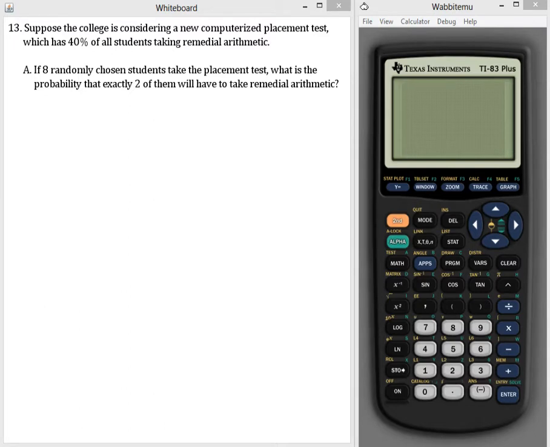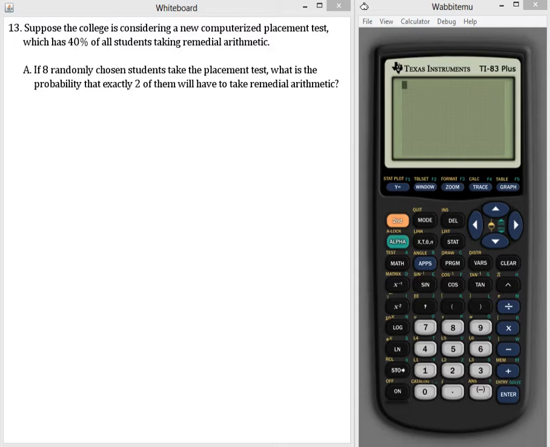Now, for any binomial distribution, there is a binomial table that lists the probability of every single one of your events for each particular outcome. So you don't really need that distribution for every single one, though.